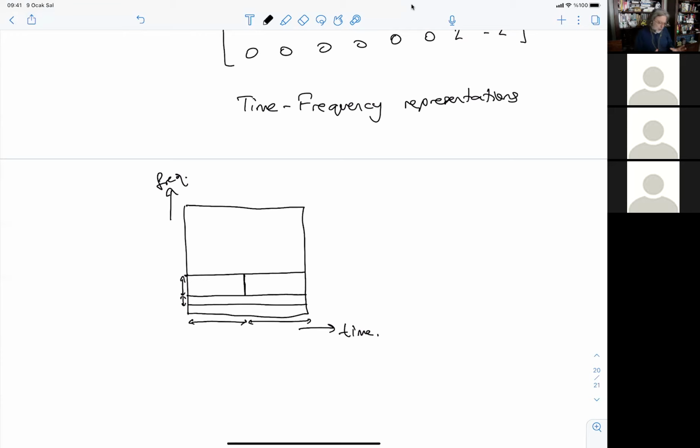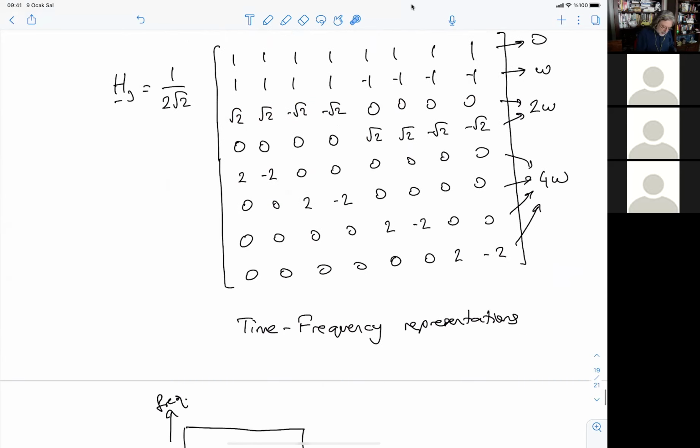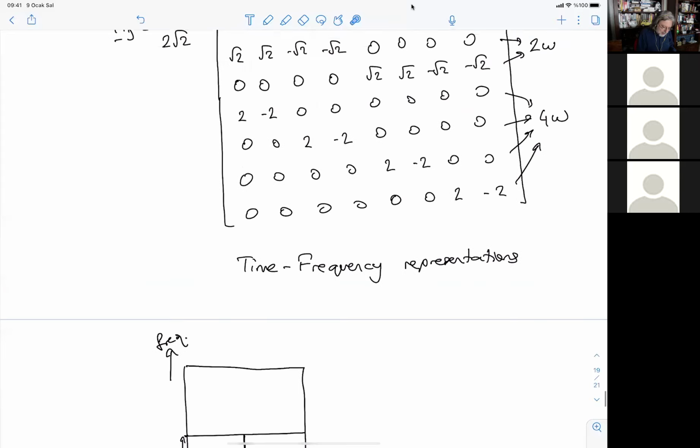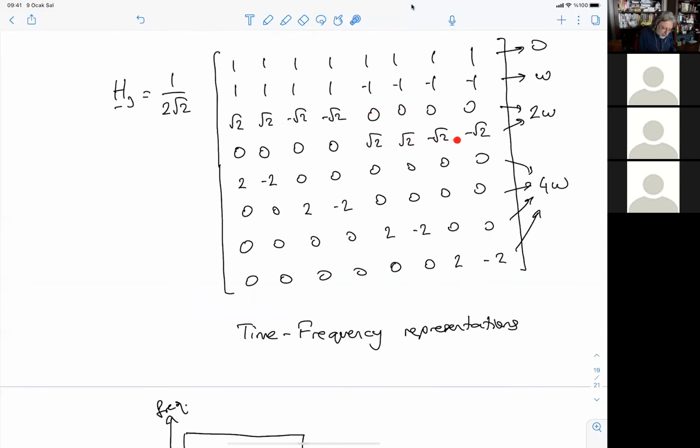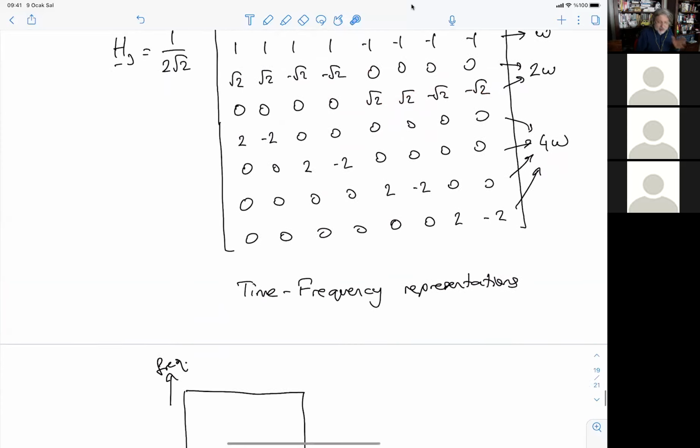So from here on, it starts showing, for example, this row multiplied by the signal will give you information regarding only the first 4 samples. So there is time resolution. It will show you the first half of your signal. And then in the next row, it also shows you the second half this time.